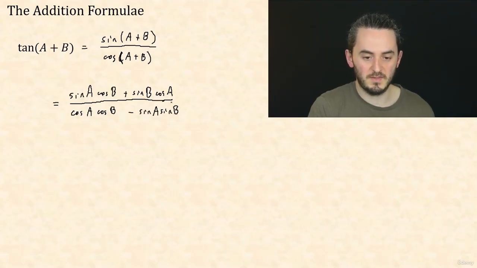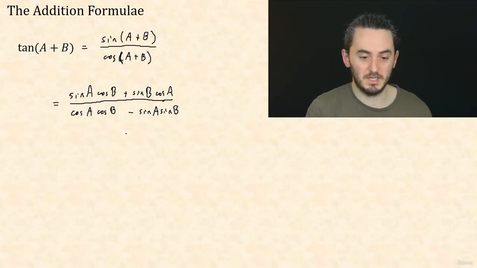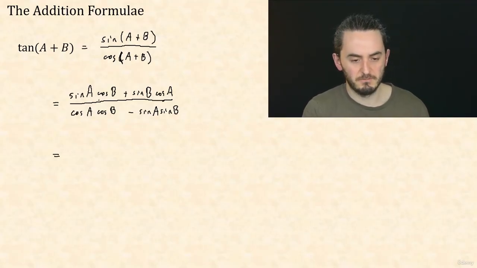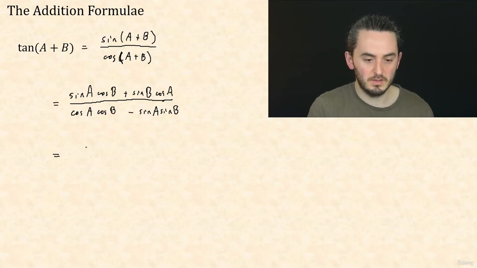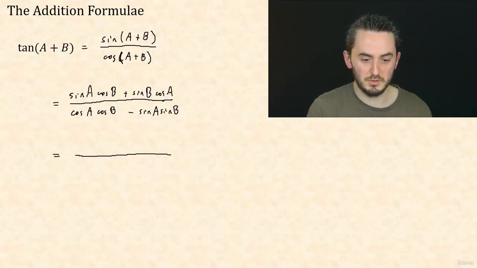Now we could leave it like that, but the convention is to express it in terms of tan. So there's a little sneaky trick we do here, which is to say, if I divide everything through by cos A, look what happens. And that's top and bottom by cos A. So on the numerator, if I do sine A divided by cos A, I get tan A. And I've still got the cos B remaining.